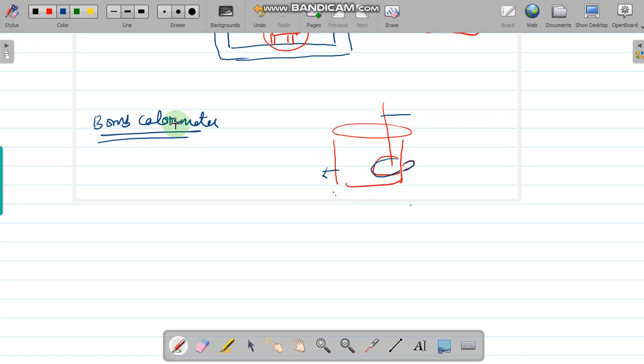Now, the water bath is also provided with a mechanical stirrer. And with this, we again measure the heat change, or you can say heat of combustion. This much we require to do in the case of bomb calorimeter.